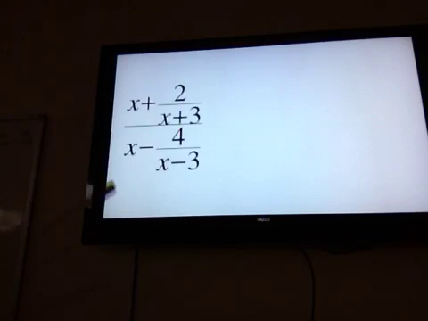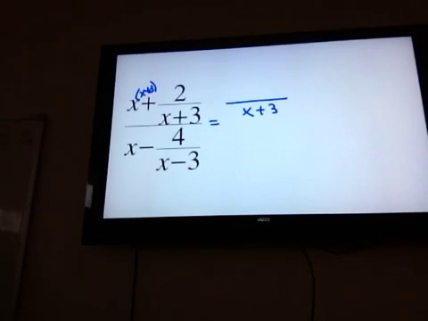So in the numerator, my LCD is the quantity or group x plus 3. That's the only denominator there, so it has to be the LCD. The first term, which has no denominator, understood to be a 1, then needs that x plus 3. The second denominator doesn't need it because it has the LCD already.